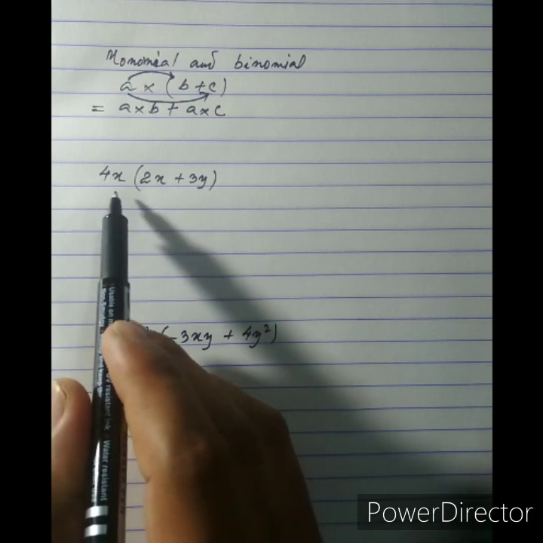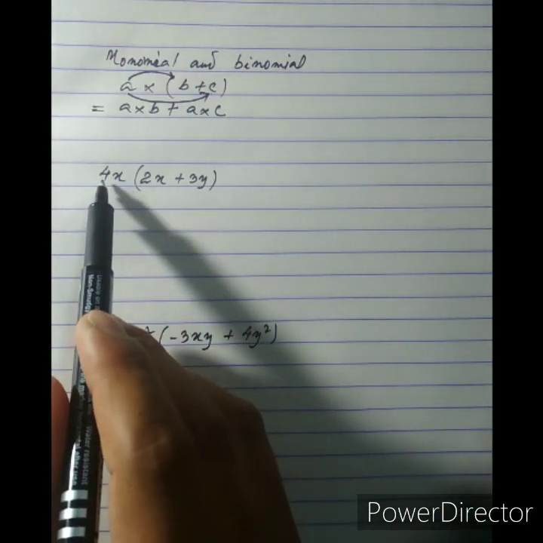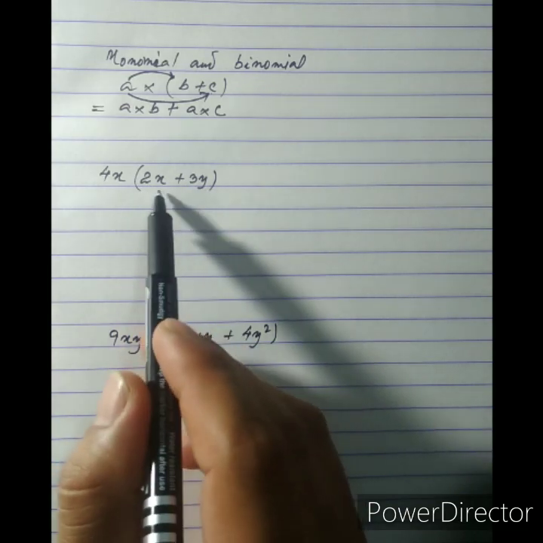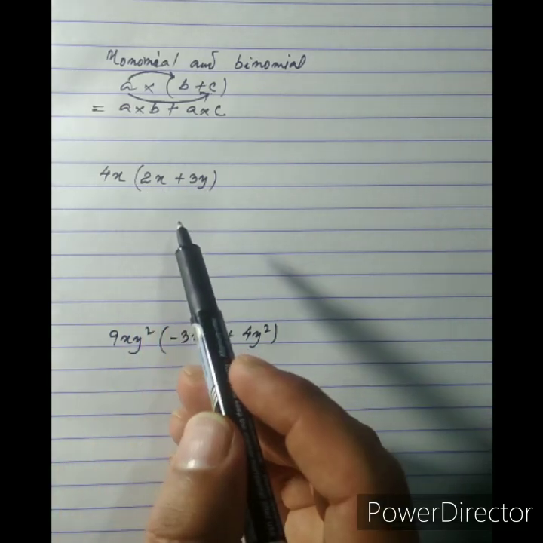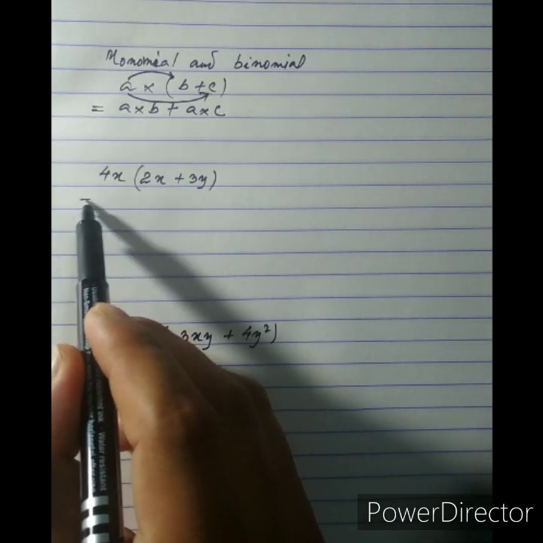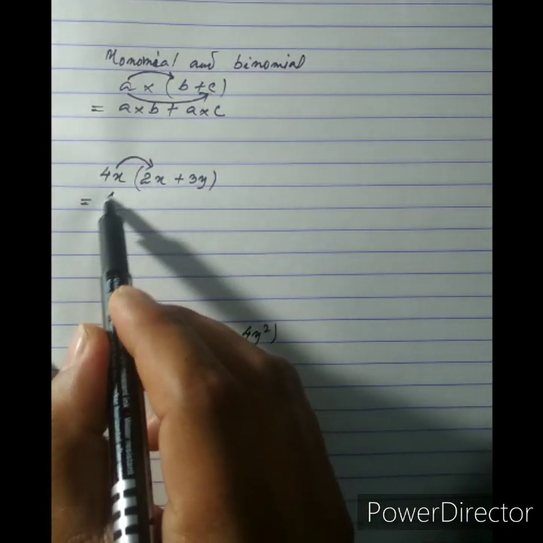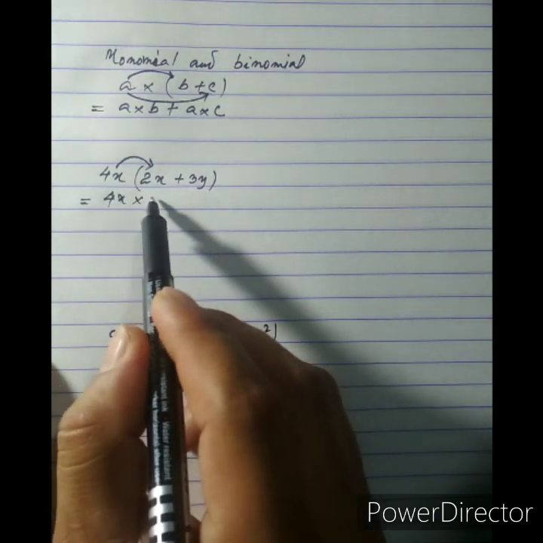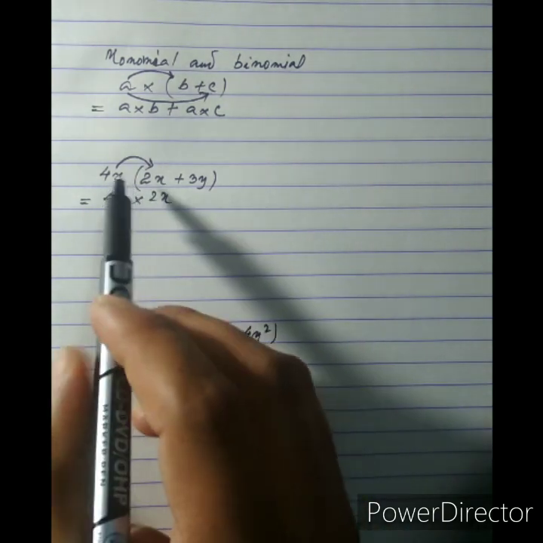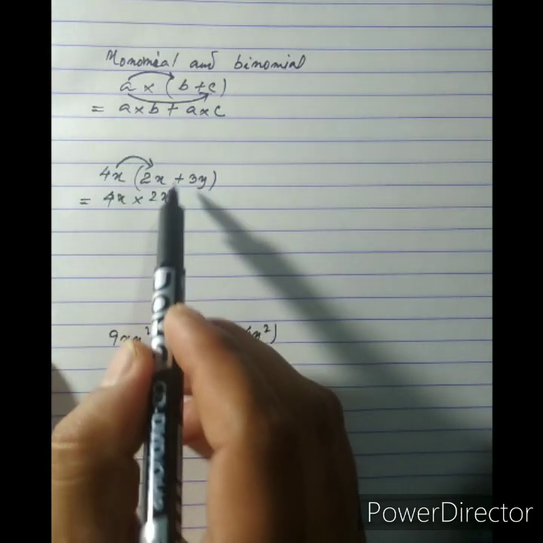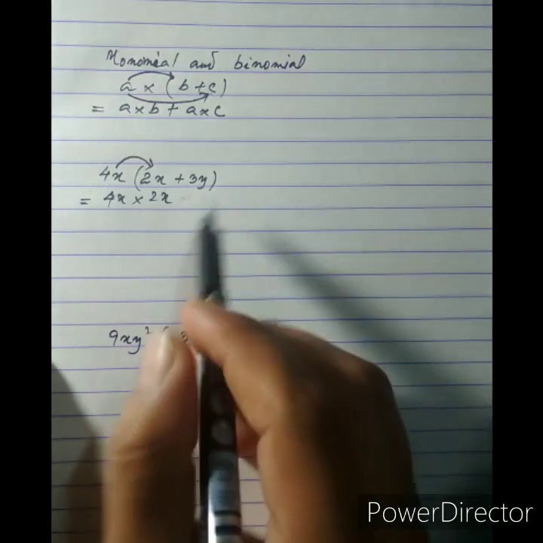Now let us see these examples. 4x is a monomial, and twice x plus thrice y whole is a binomial. Now let us find the product. This 4x will multiply with twice x first. So I'm going to write here 4x into twice x. Then the sign of this 4 is plus, and here also plus. Plus into plus is plus.